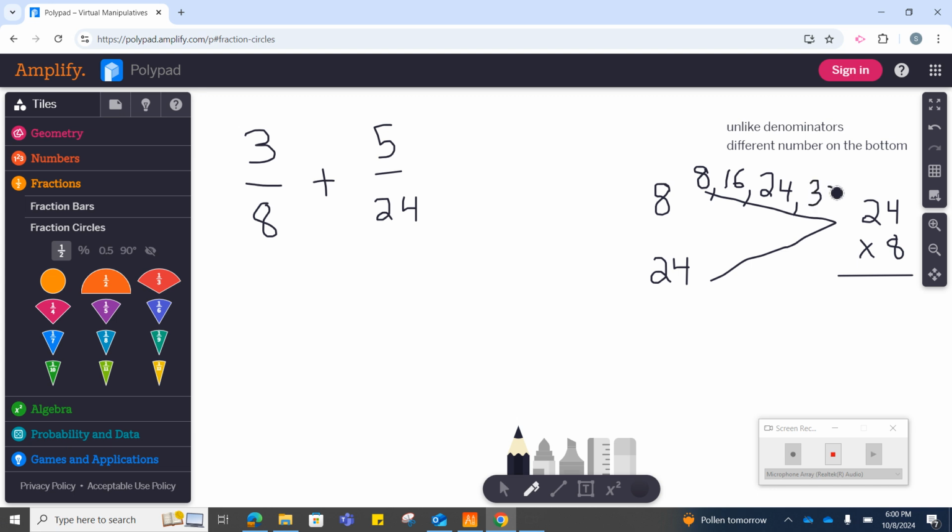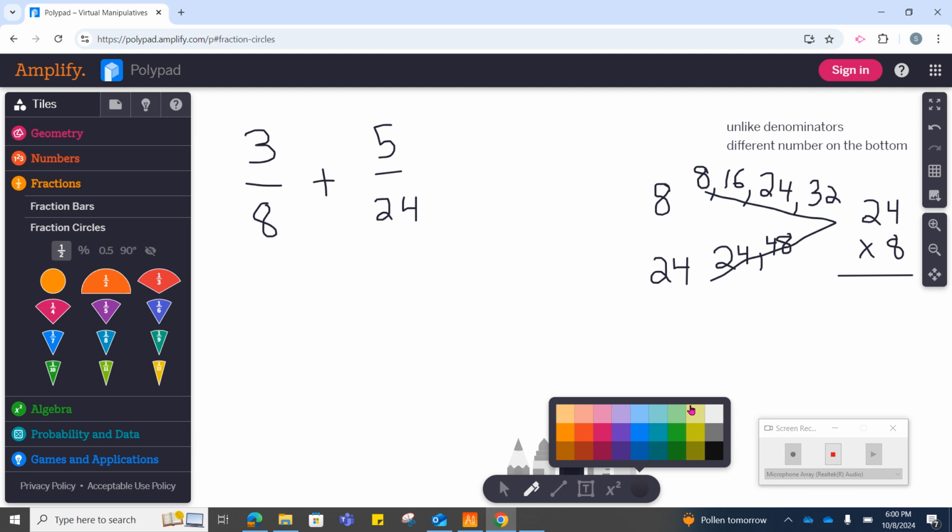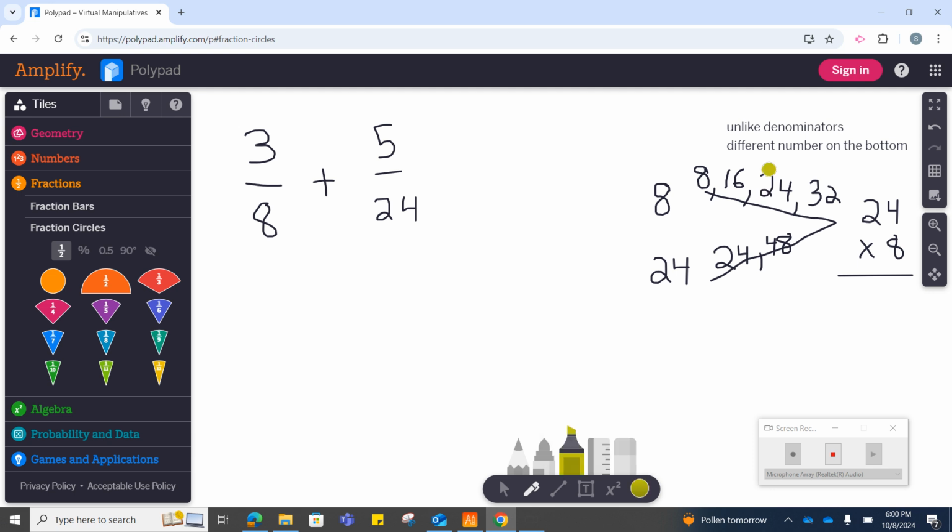Now, 24 times 1 is 24. 24 times 2 is 48. But you can see at this point that you have a common multiple. Let me highlight. You have a common multiple of 24. So that's what we're going to use.